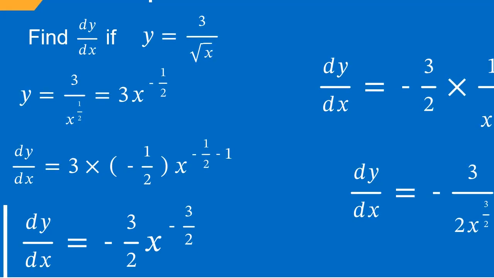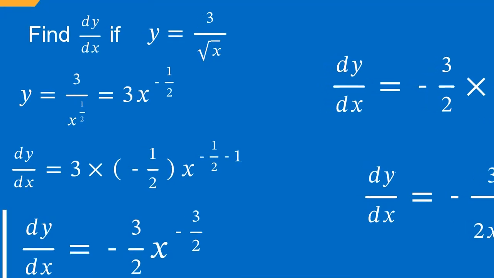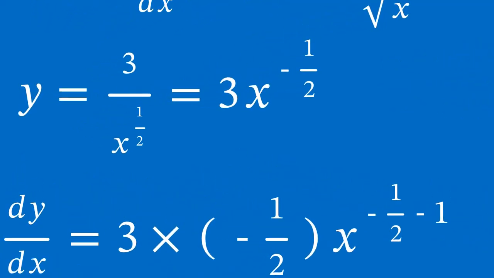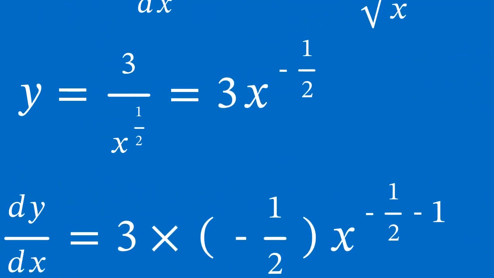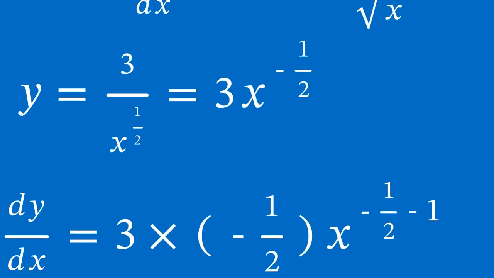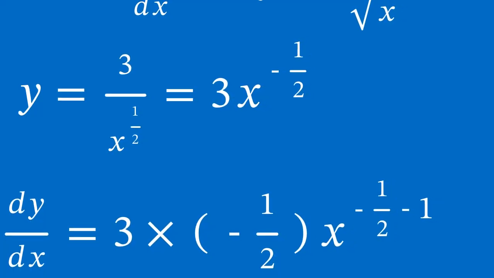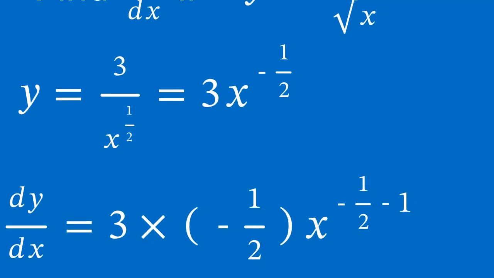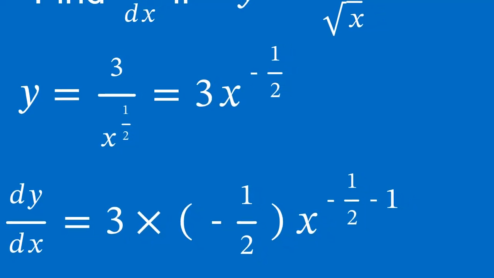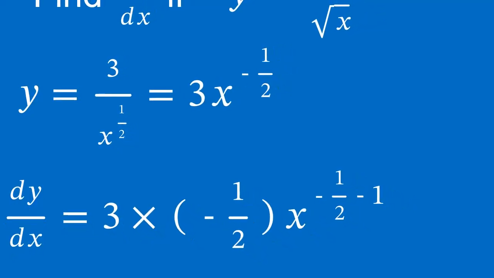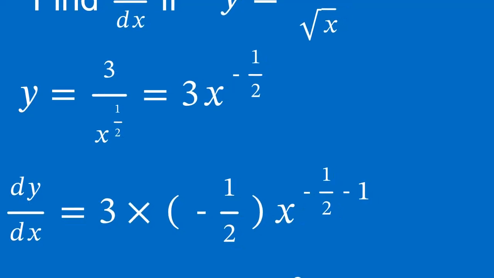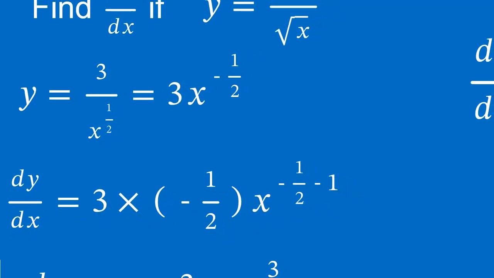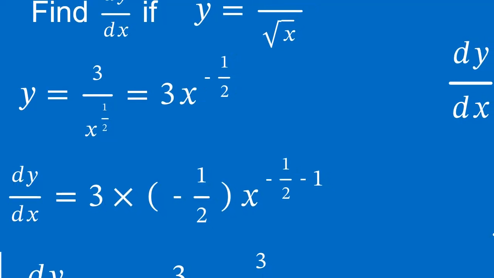So you see, we have 3 over x raised to the power of 1 over 2. The square root has been changed to the index form of 1 over 2, which is also expressed, according to the law of indices that we mentioned earlier, as 3x raised to the power of minus 1 over 2. So now the general form of differentiation: bring down the power, subtract 1 from the original power.